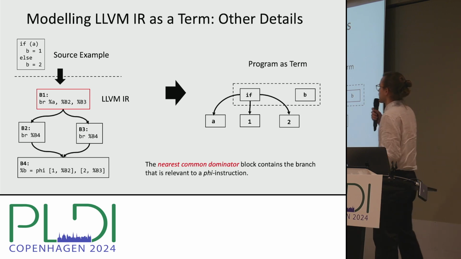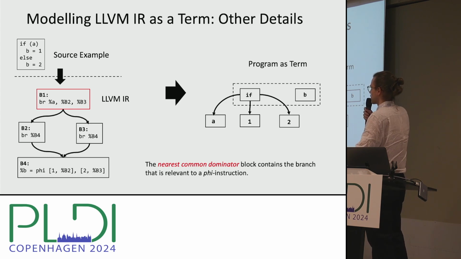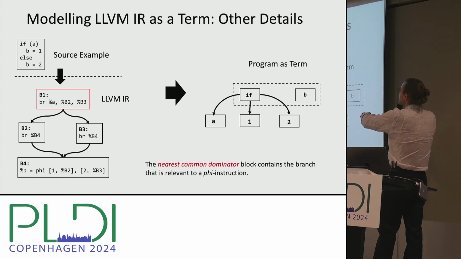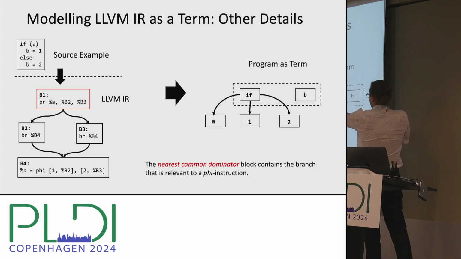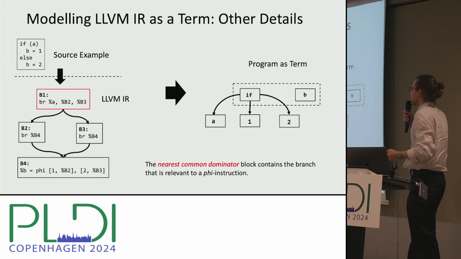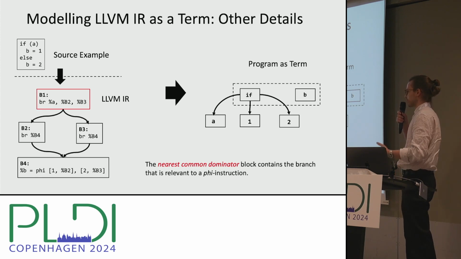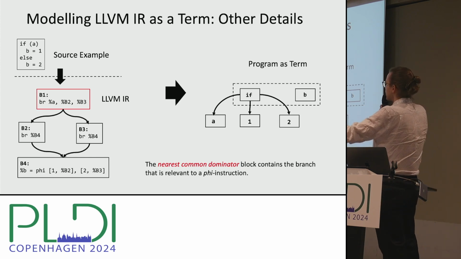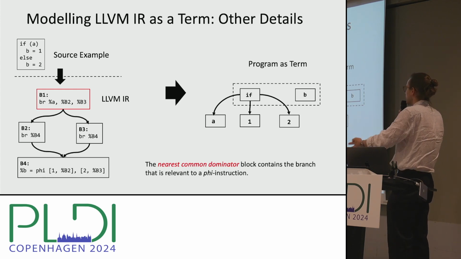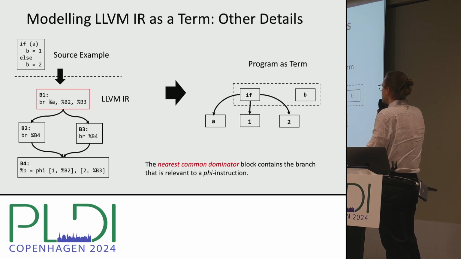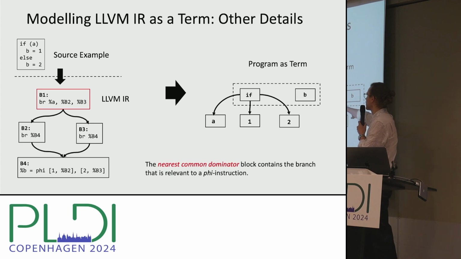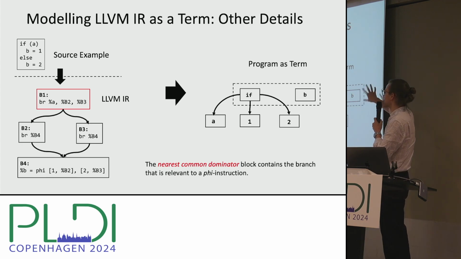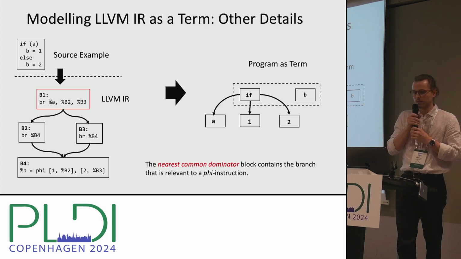So the idea here is that we have to do a bit of extra analysis to extract that branch condition A. And the way it's finally represented as a term is as this f function that takes A as an argument, and then it will return the proper value depending on A. For example, if A is true, then it will represent 1, and if A is false, it will represent 2. And the idea is that this if function is the same as B, they become the same thing. Okay.